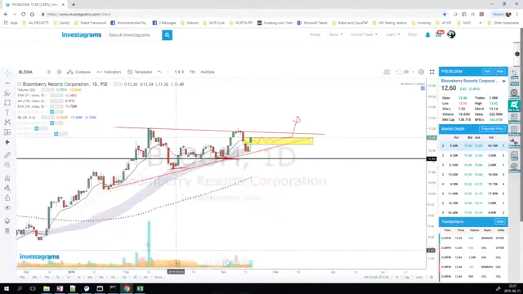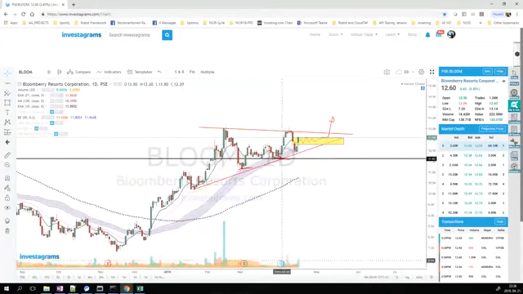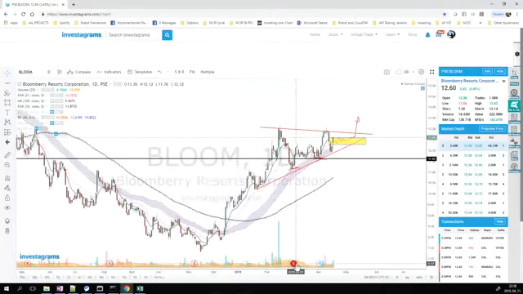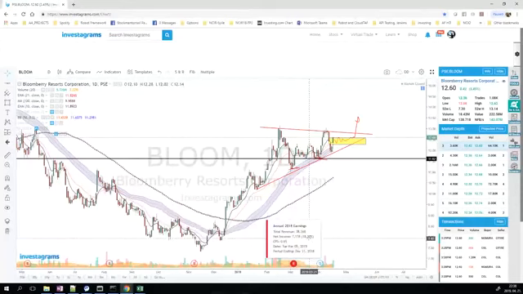Plus here, a lot of buyers came in sometime last November, and there are not much sellers that sold their stock since November. So bullish for Bloom, and there was a very good earning report. Annual earning of Bloom is 18% up. So very good fundamentally and very good setup technically.